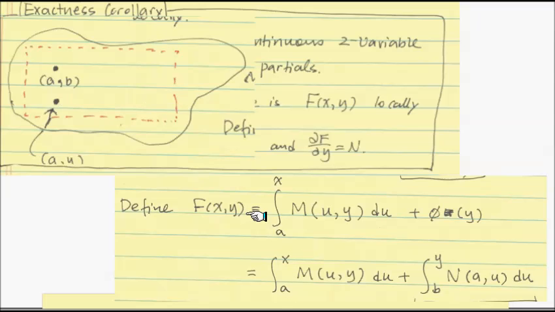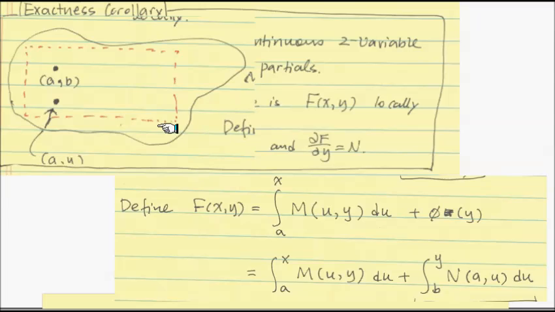To do this process, you must have no problem along this horizontal line, and at a we must have no problem going up and down. But if you do this too long, you might bump into a problem where maybe over here M is not defined.